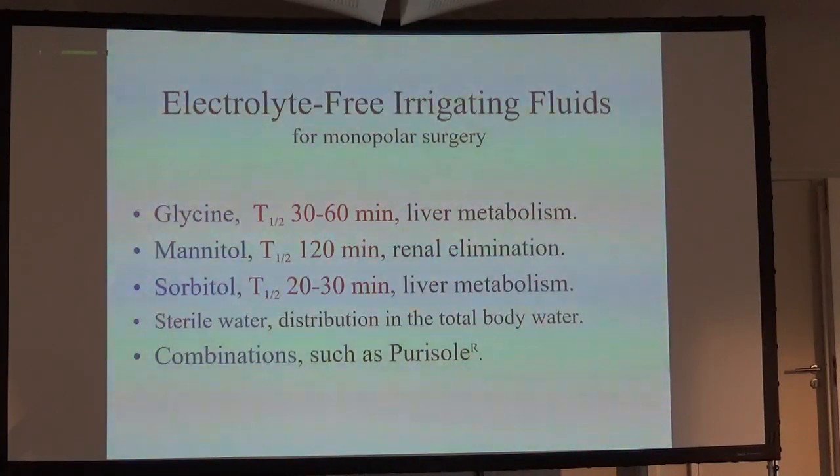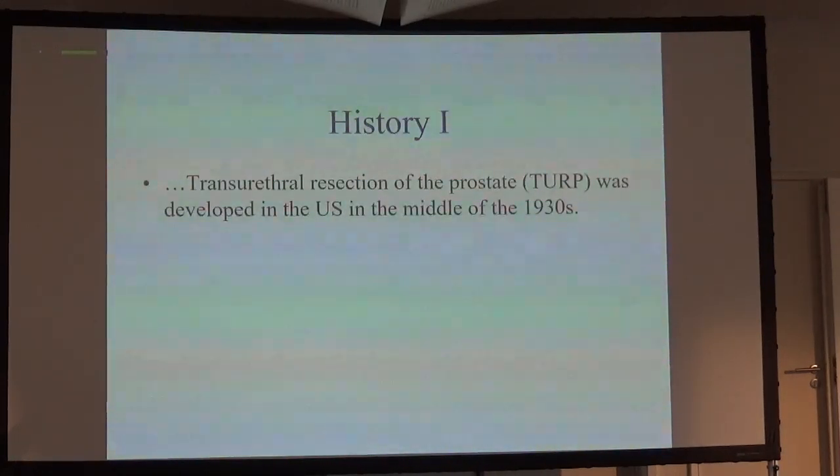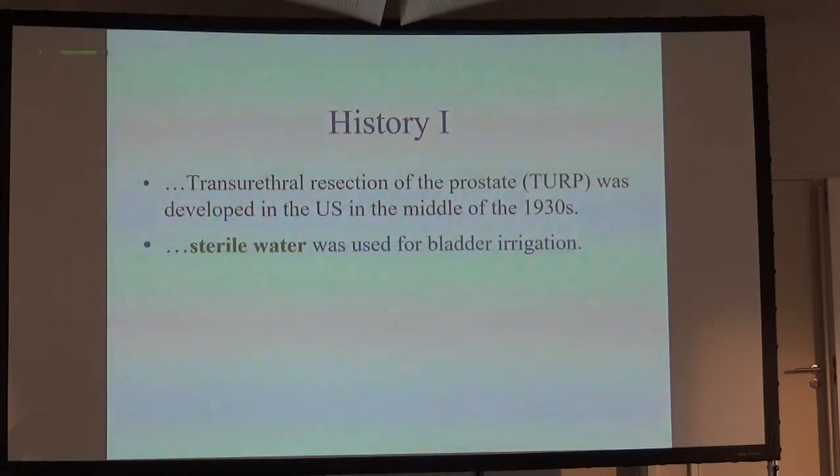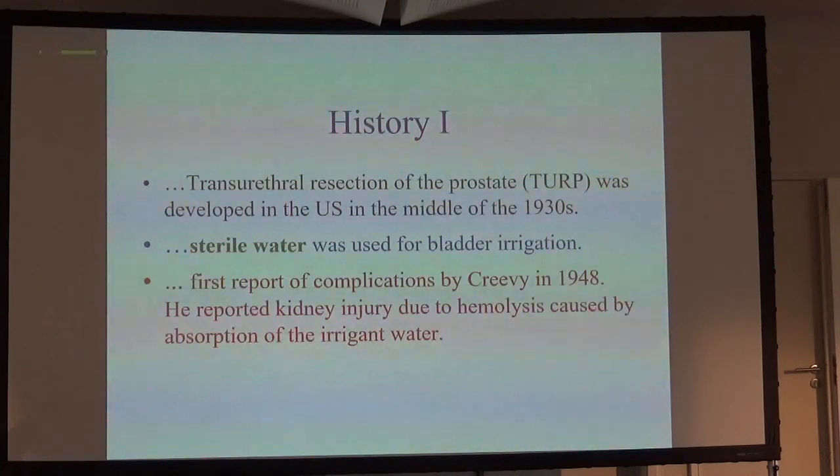They have somewhat different features and characteristics, and a little difference also in complication incidence, but we will not go into that. We'll dig back into history and take some of the history of this complication. It originated with the TURP operation in the 1930s, when actually they used sterile water for irrigation.